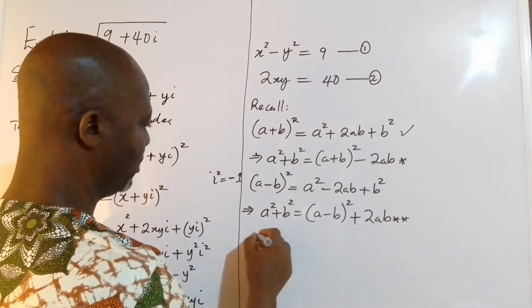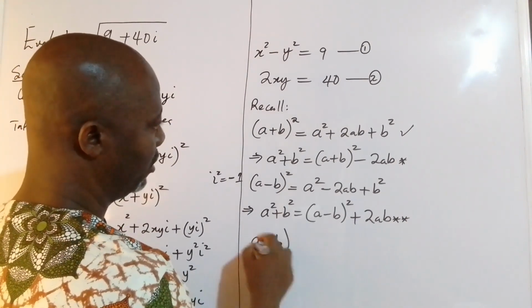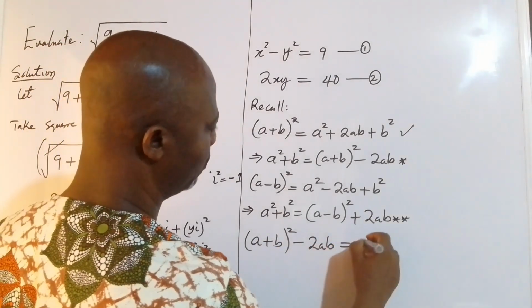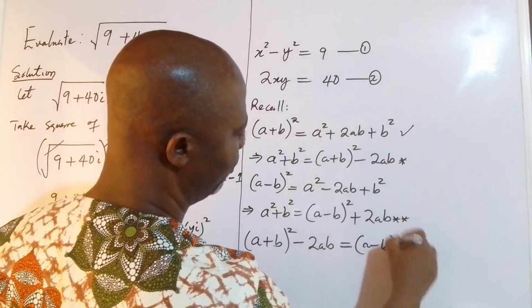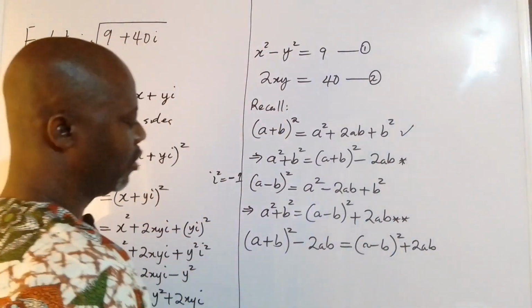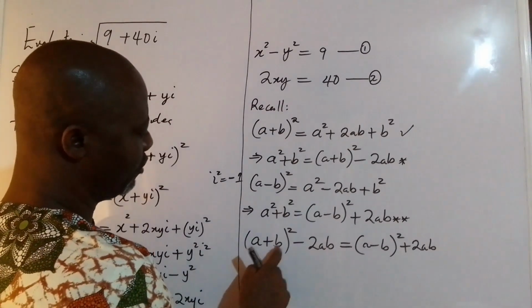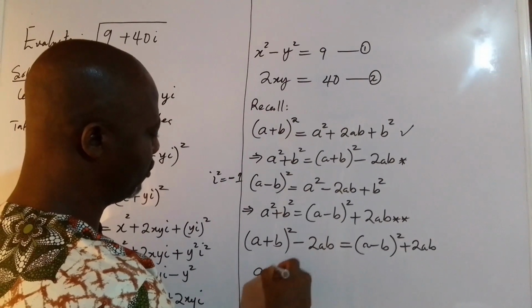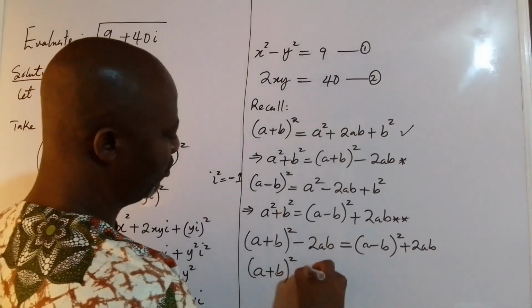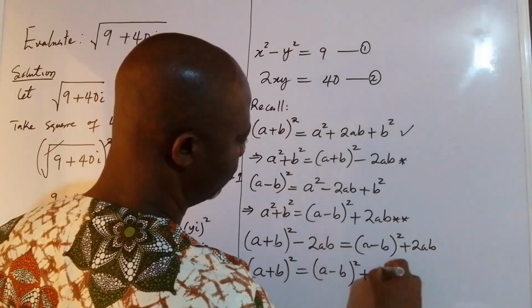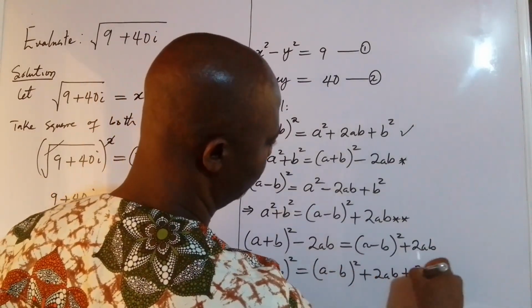That means (a plus b) squared minus 2ab will be equal to (a minus b) squared plus 2ab. If I make (a plus b) squared the subject, I get (a plus b) squared equal to (a minus b) squared plus 2ab plus 2ab.